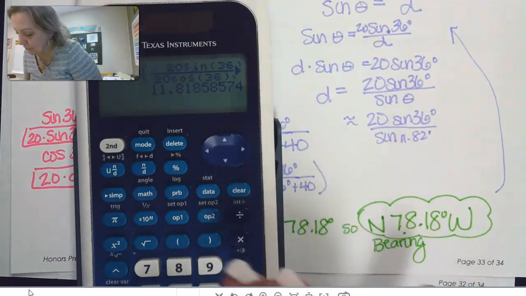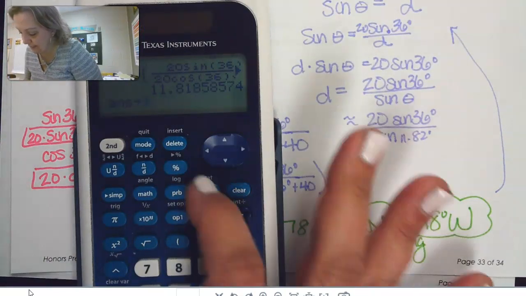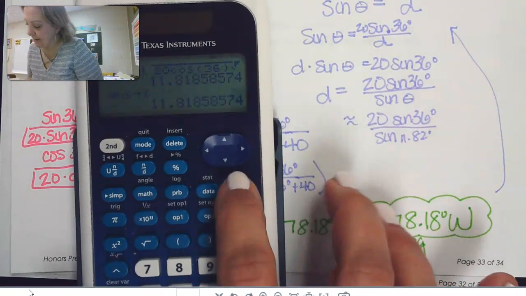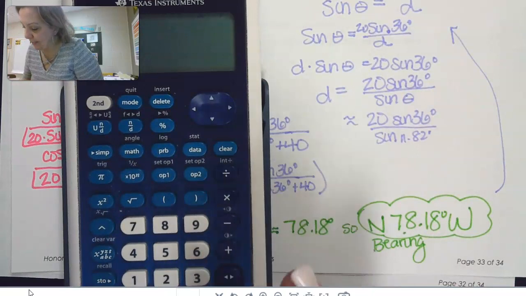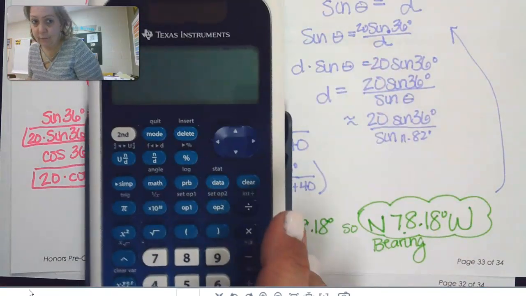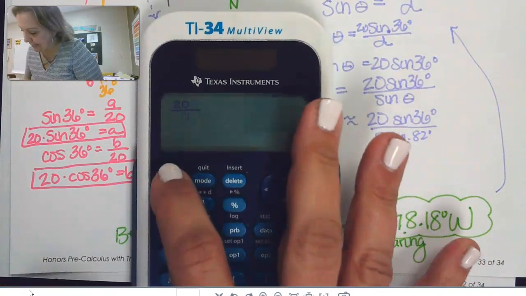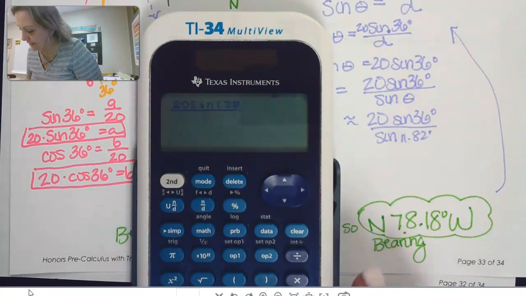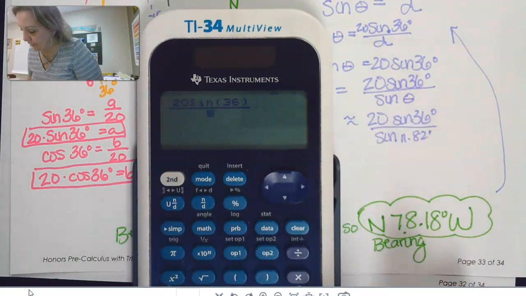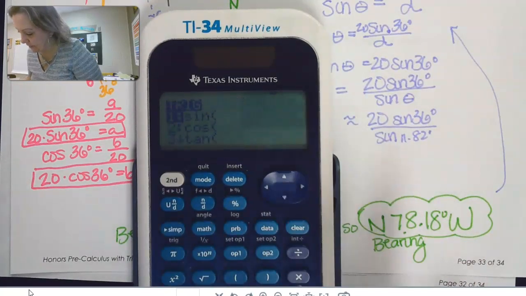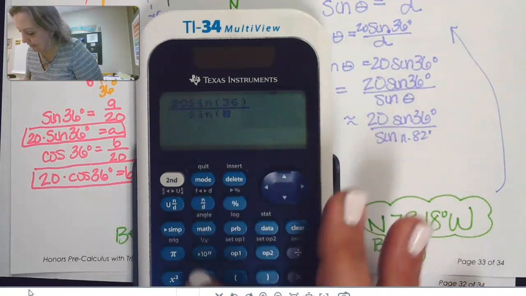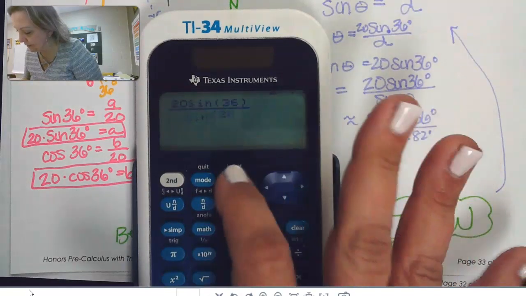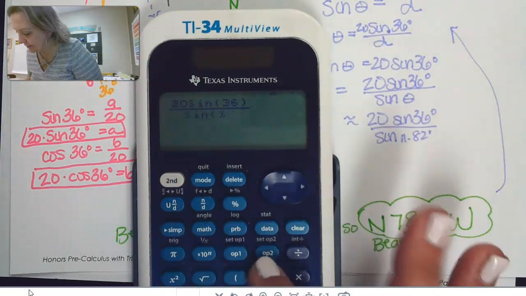So I guess I could store that. I could store this as x, okay? And then I'm going to take 20 times the sine of 36 degrees over the sine of that angle x.